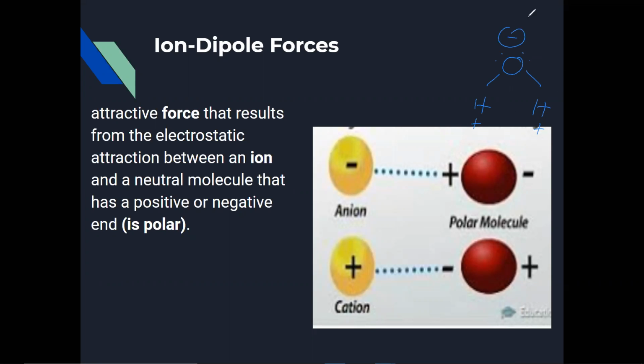And let's say that floating over somewhere over there, we had a sodium atom that was positive. So this positive is going to be attracted to that negative. And if we had chlorines that were negative over here, they would be attracted towards the positive end of the water molecule. So that's an ion-dipole, because we have ions being attracted to a polar molecule. But it's the same idea as your dipole-dipole interactions.